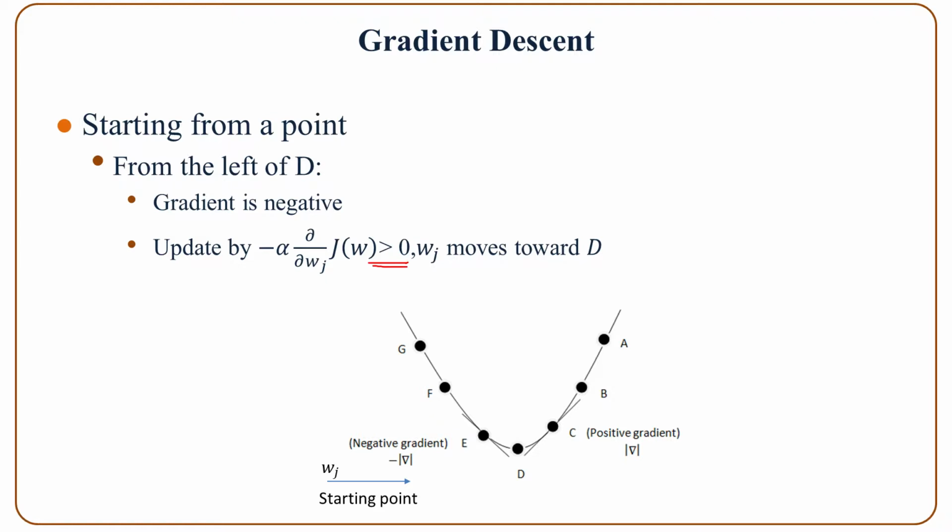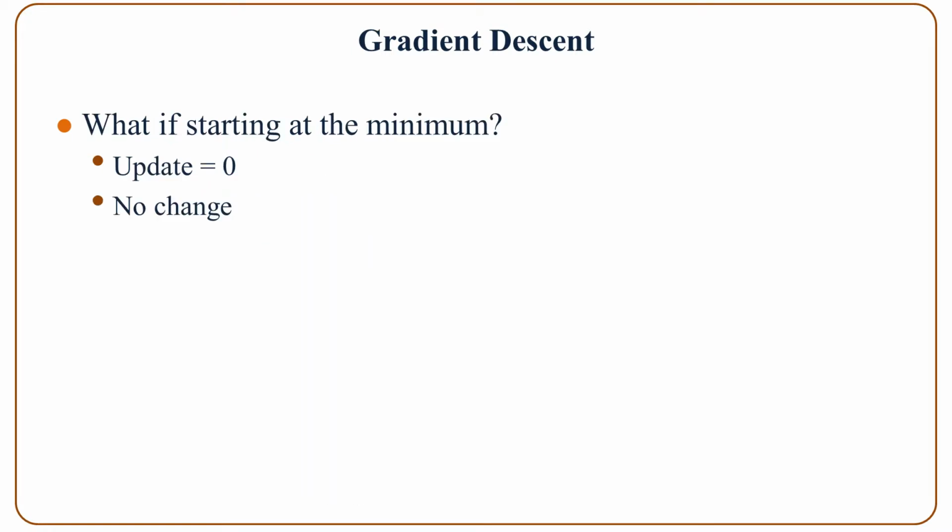So Wj then moves towards D. That's how we move towards the optimum point using gradient descent. And if we start right at the minimum, then the update is 0 and there's no change.